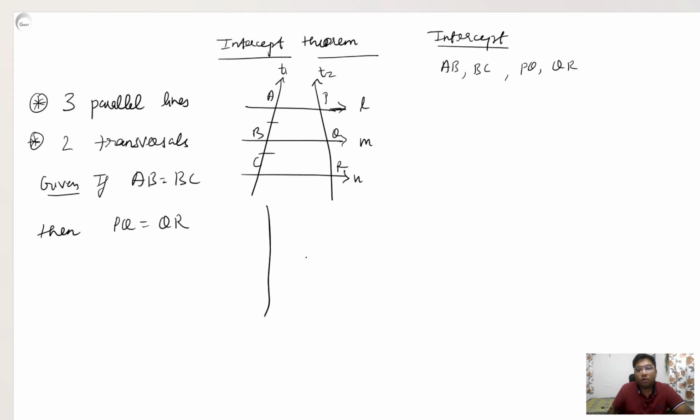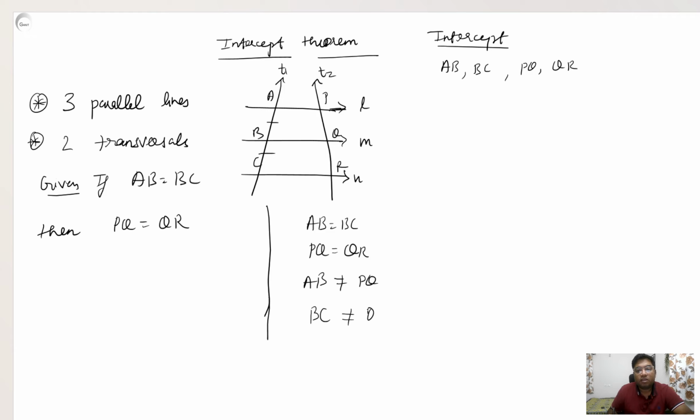Remember, what are some common misconceptions? What are some common errors that people make? Remember, AB is equal to BC and PQ is equal to QR. But AB is not equal to PQ. Please remember that.